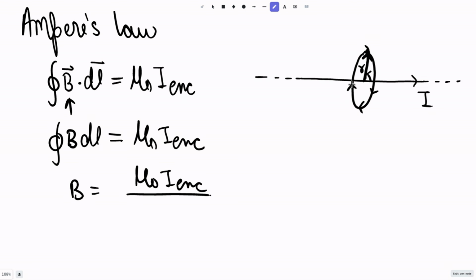If you integrate dl over the circle, then what you get is simply the circumference, that is 2 pi r. And that is the magnetic field due to an electric current at any point.